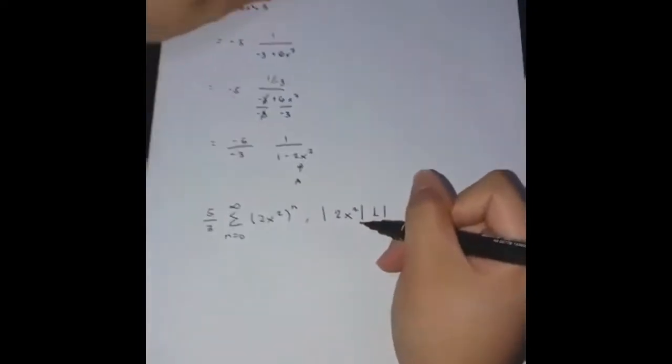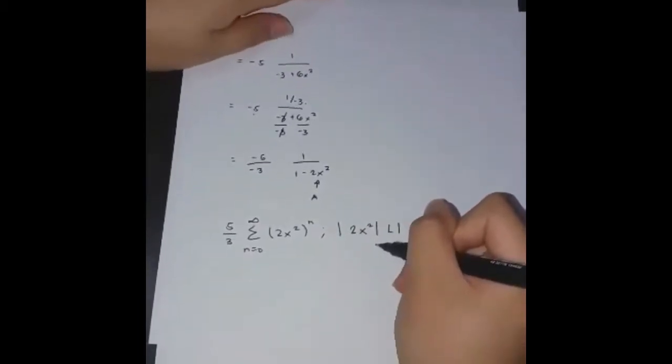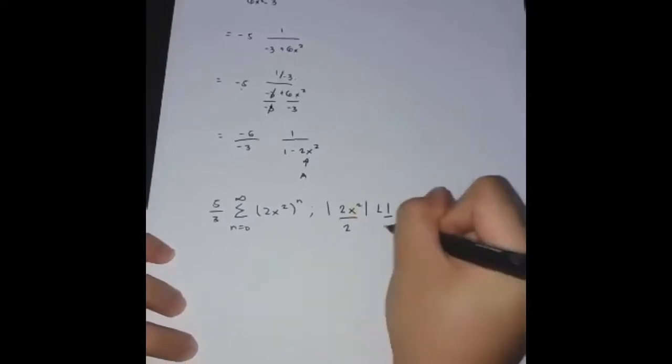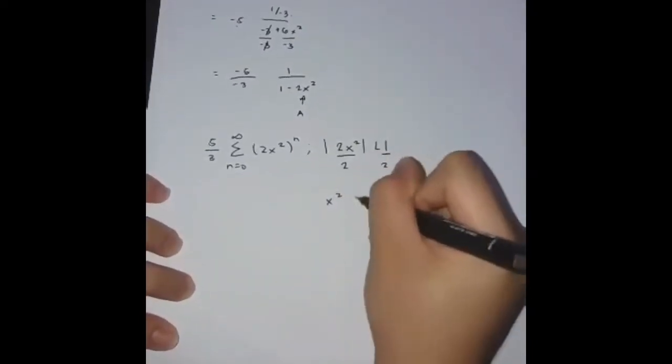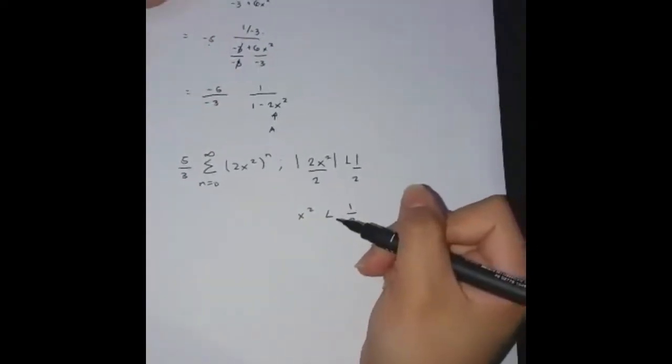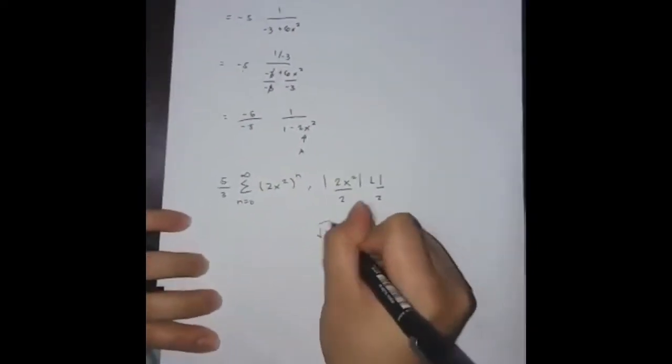In this formula, it is only x, so we need to make it x. So let us divide by 2, and x squared will become 1/2. But as said, it is needed to be x, so we need to square root it.